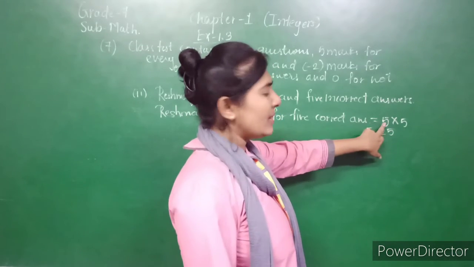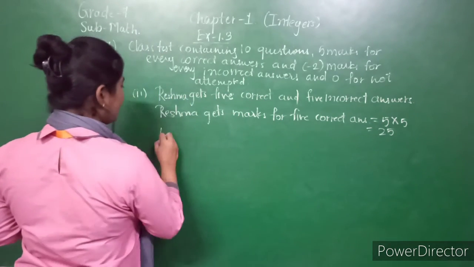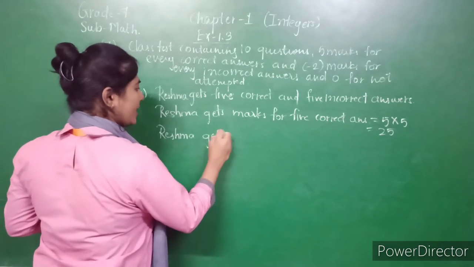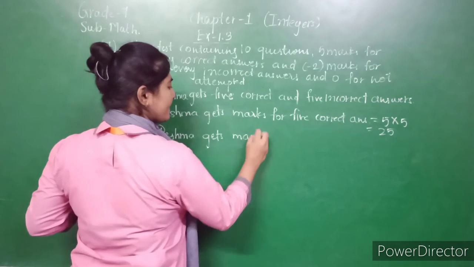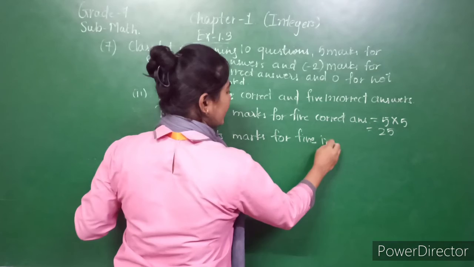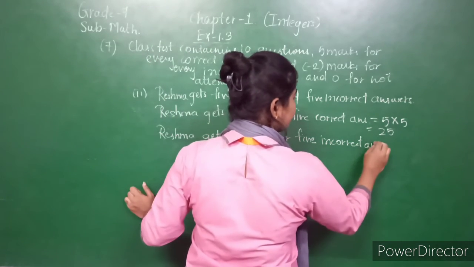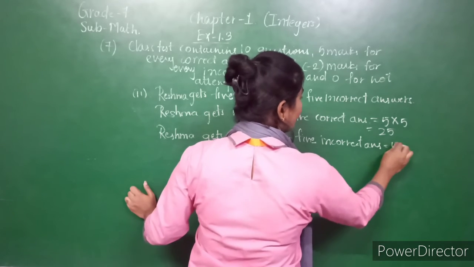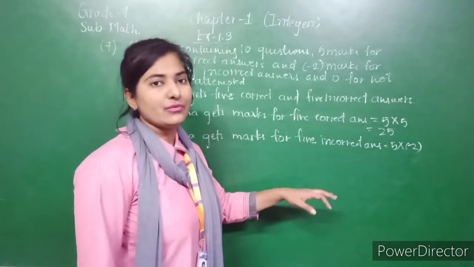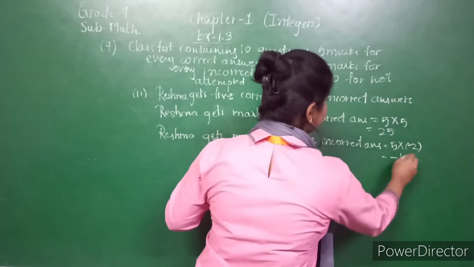So we have to multiply this 5 into 5, that is 25. Now Reshma gets marks for 5 incorrect answers. So it is 5 into minus 2 because minus 2 are awarded for each incorrect answer. So it is minus 10.